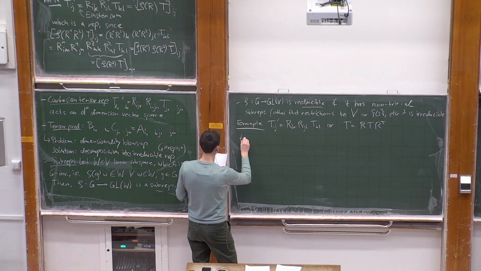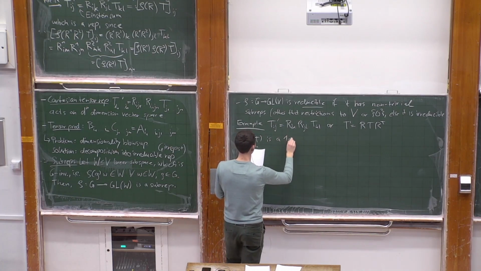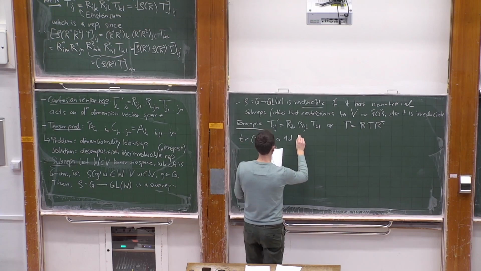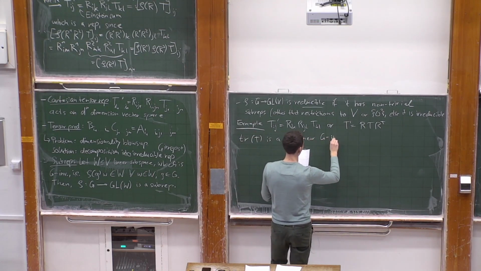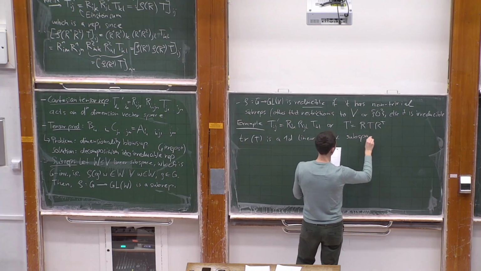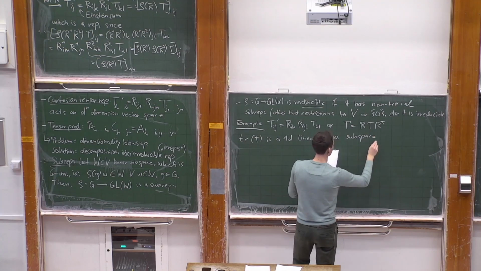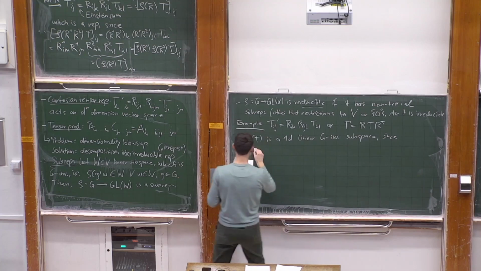The trace is a 1D linear G invariant subspace. Since, okay, how do we see this?